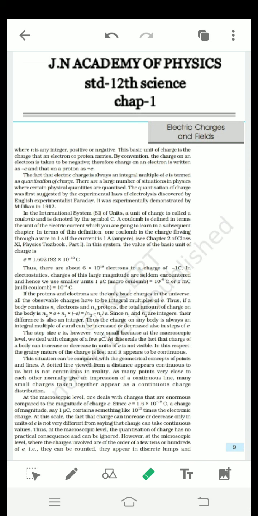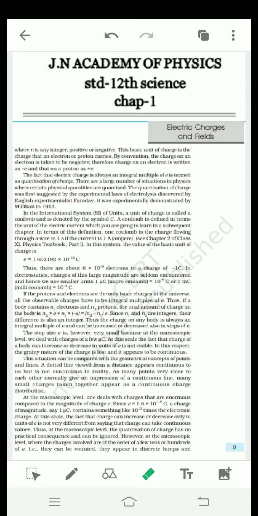So if protons and electrons are the only basic charges in the universe, all the observable charges have to be integral multiples of e. So that's the basic idea. Thus, if a body contains n1 electrons and n2 protons, the total amount of charge in the body is n2 e minus n1 e, which is equal to (n2 minus n1) times e.